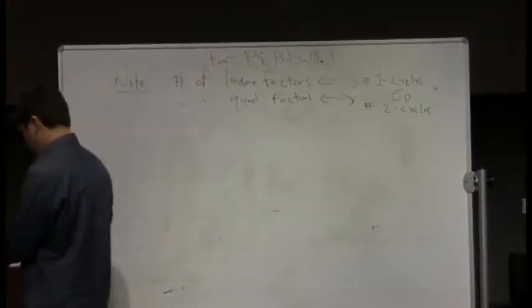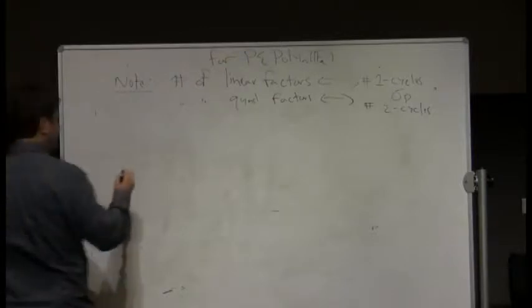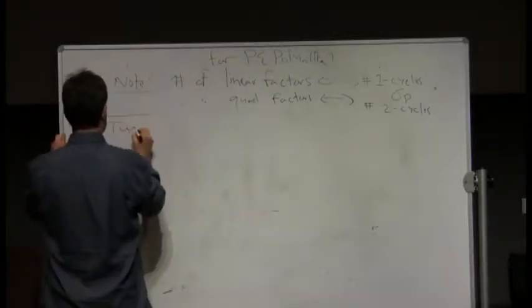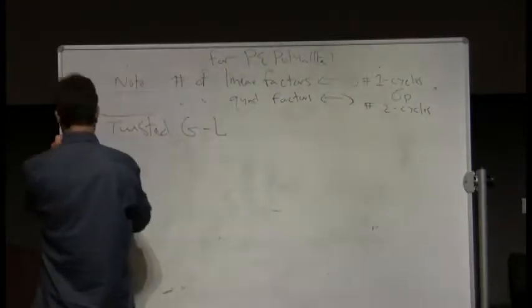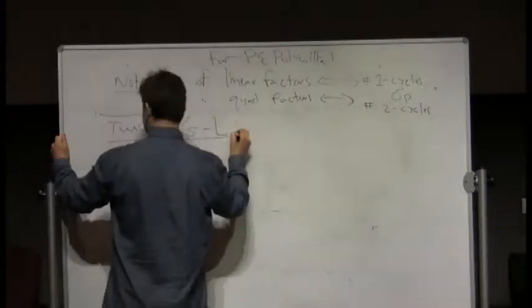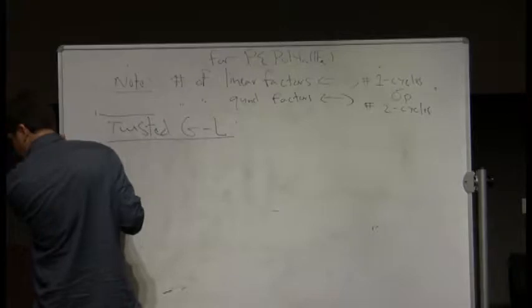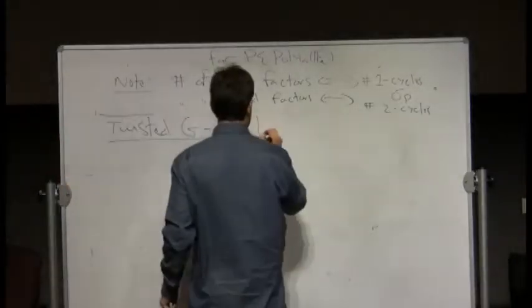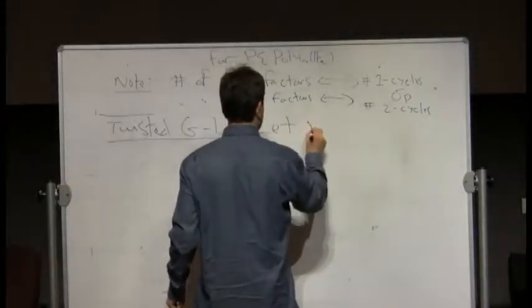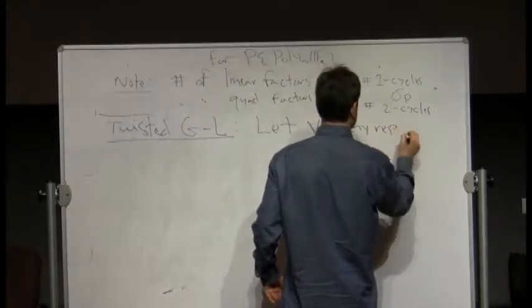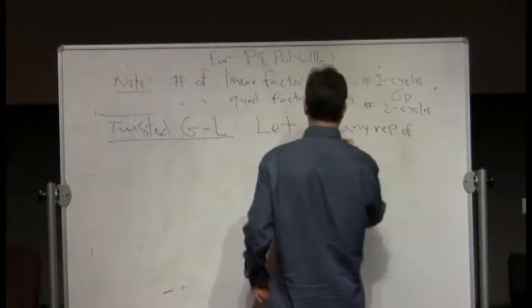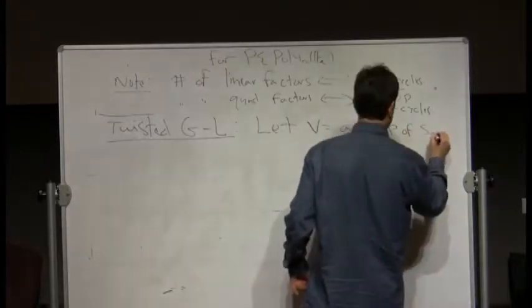And so let me just tell you what the twisted Grothendieck-Lefschetz formula gives. Let V equal any representation of, let's say, Sn.